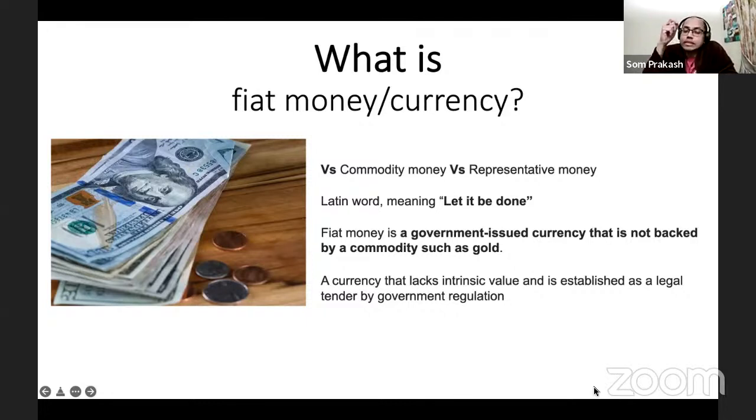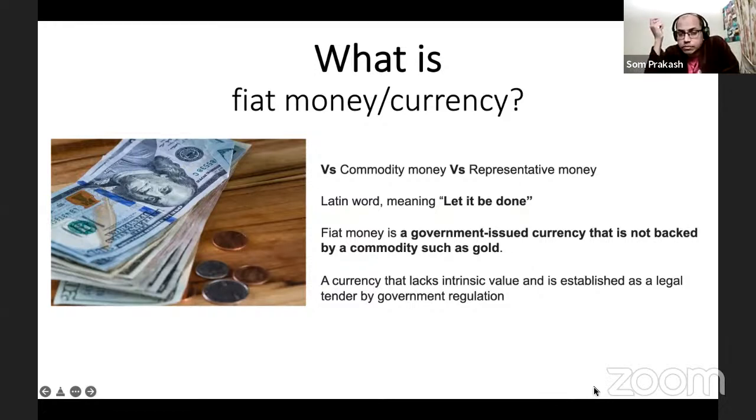What are these? What we see is a piece of paper. We call it notes, or bill, whatever. It's a piece of paper, which doesn't have much value. But that piece of paper is getting me whatever I want.